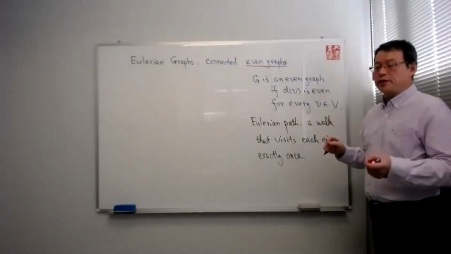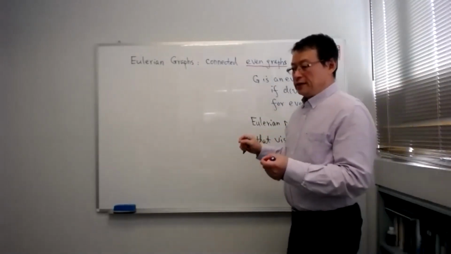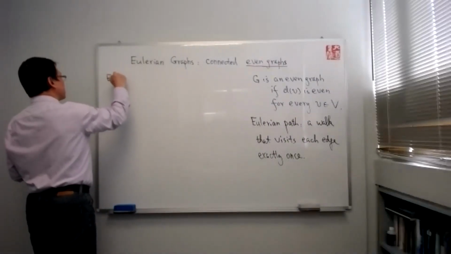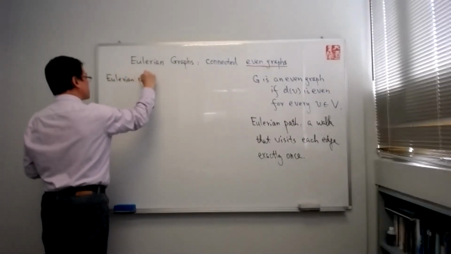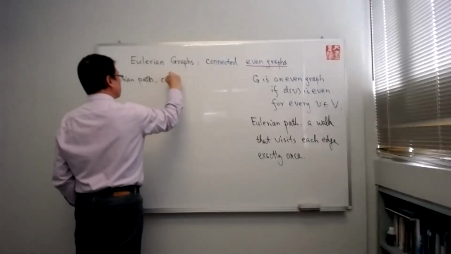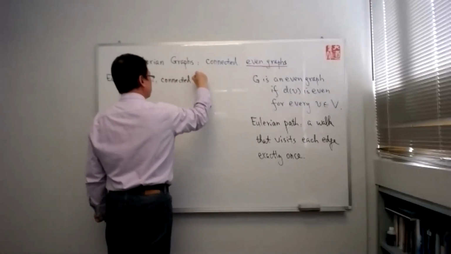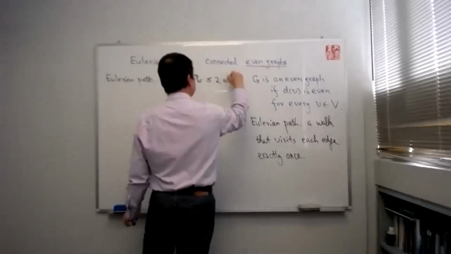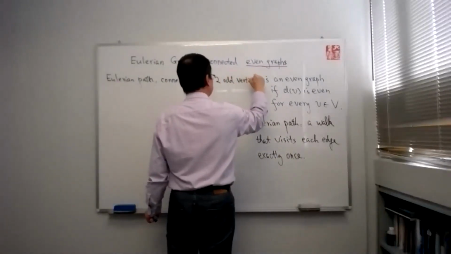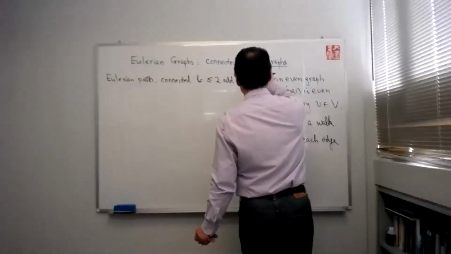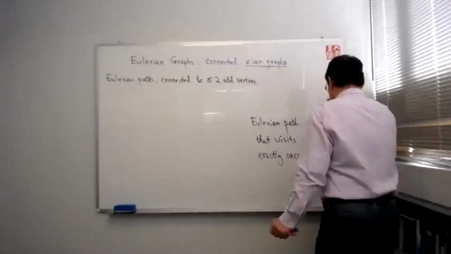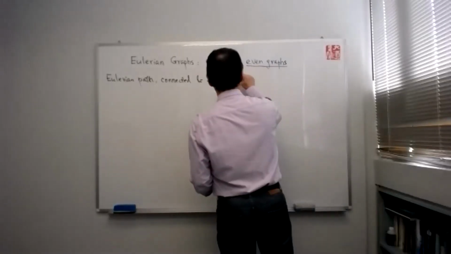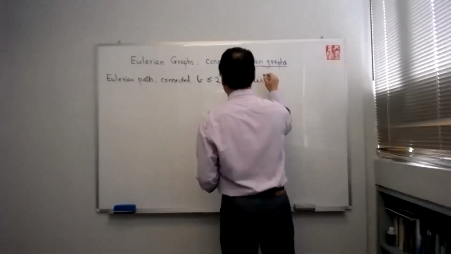If we have an Eulerian tour, then certainly we have an Eulerian path.